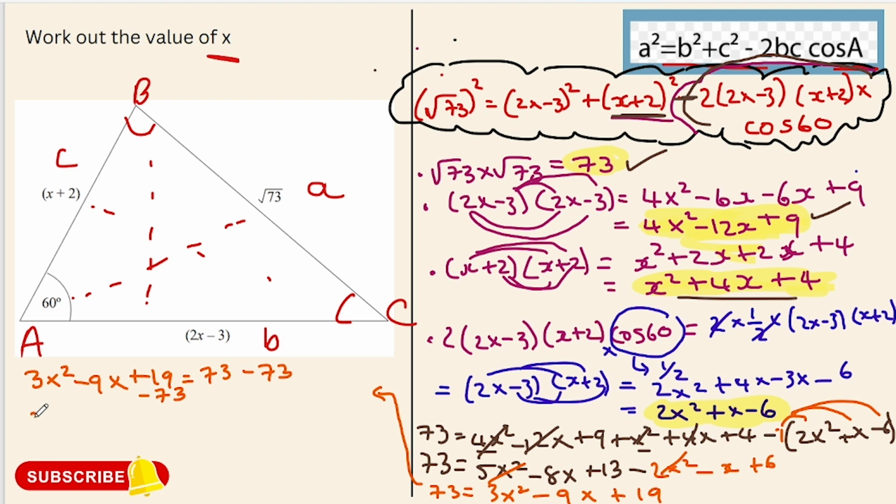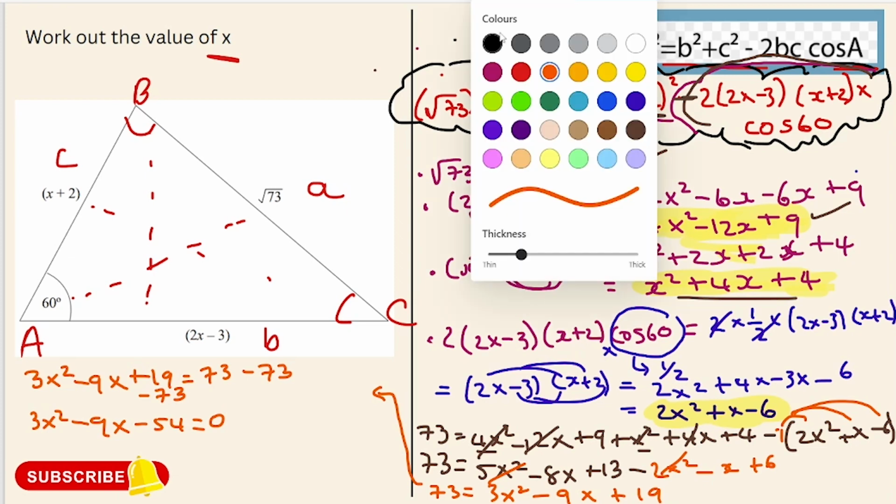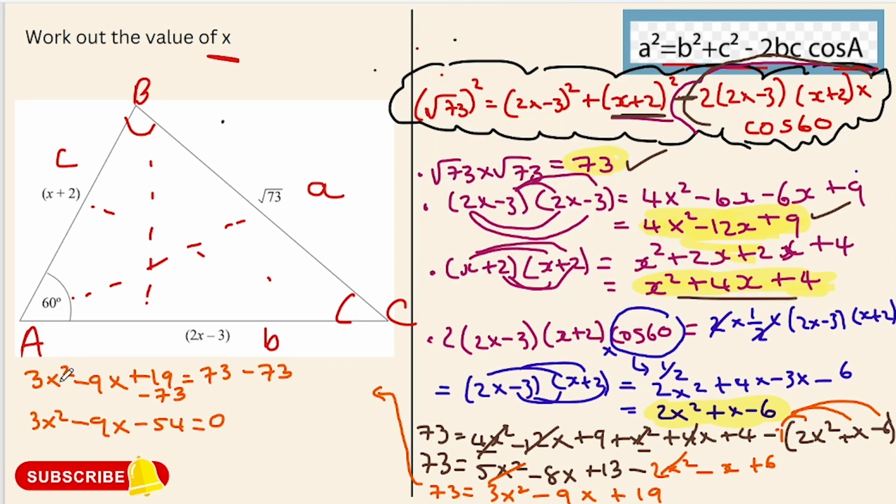And I'm left with 3x squared minus 9x minus 54 equals 0. After I've done that, you're going to divide every single thing by 3. So you are now left with x squared minus 3x minus 18 equals 0.